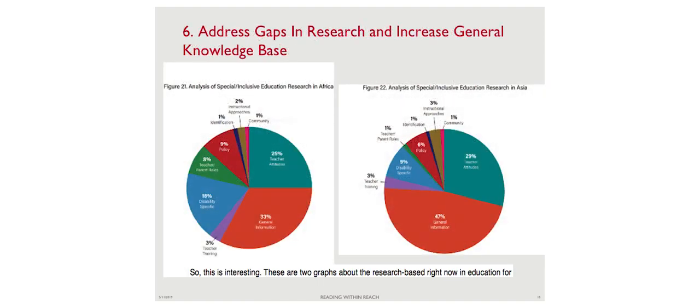So this is interesting. These are two graphs of about the research base right now in education for children with disabilities. And one is from Africa on the left and the other is from Asia on the right. And I can barely, because I'm getting so old, read the categories. But what they generally show is that the biggest category right now of knowledge that we have is in the general category.